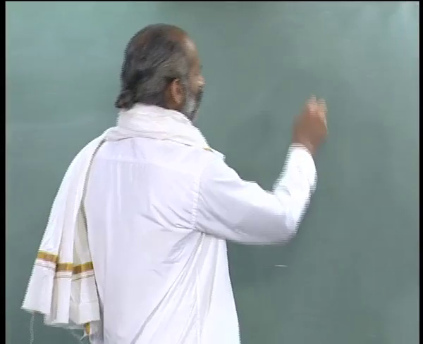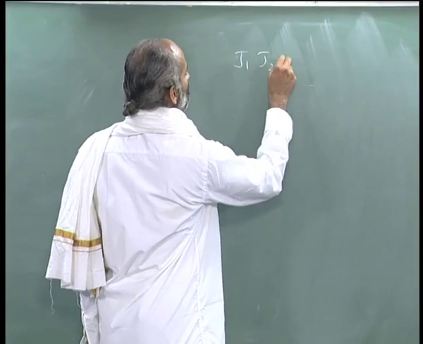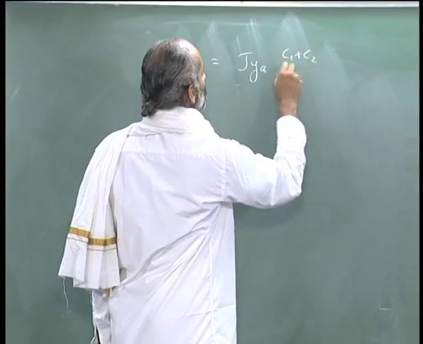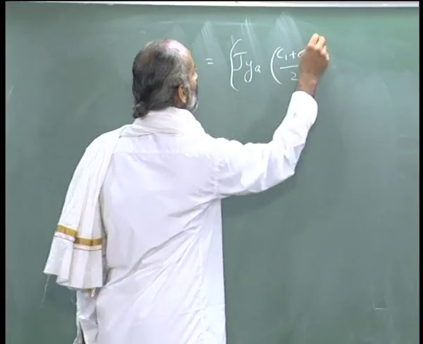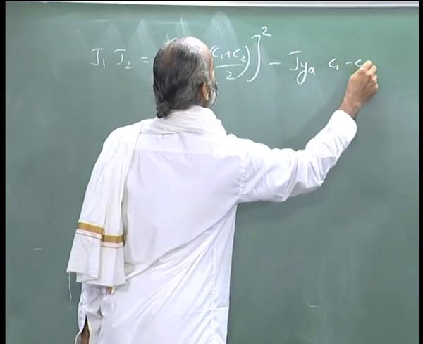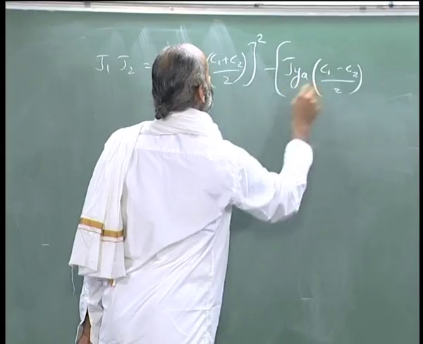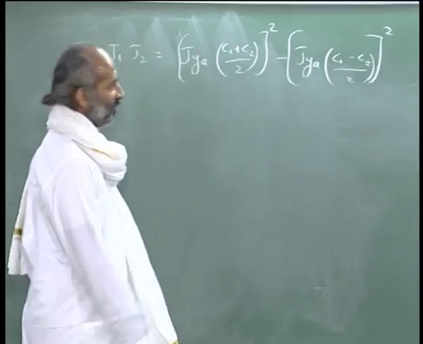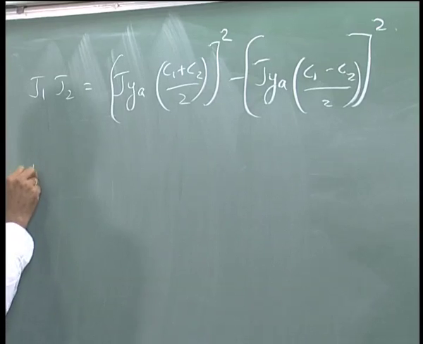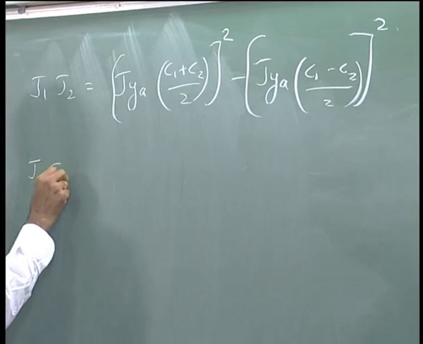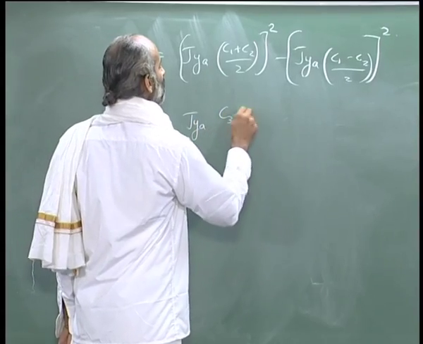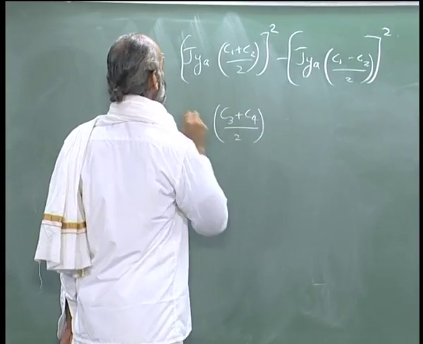J1 J2 is ja of (C1 plus C2) by 2, the whole square, minus ja of (C1 minus C2) by 2. So, this is one relation, and similarly, I write J3 J4 as ja of (C3 plus C4) by 2.